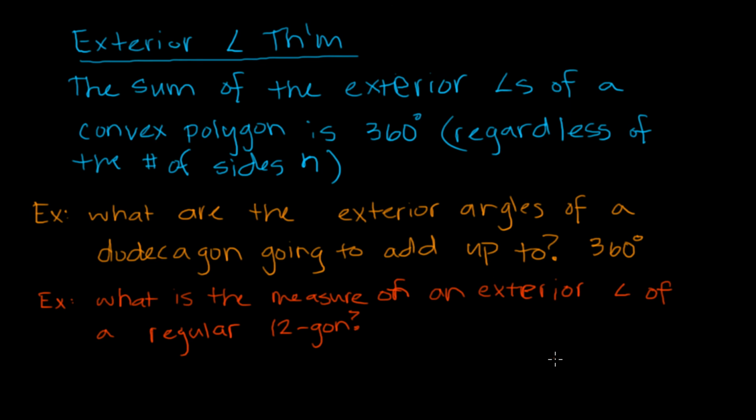That's a better question. Now, what we need to remember here is that we're talking about a regular polygon. That means all the angles are the same, which also means that all the interior angles are congruent to each other, and then all the exterior angles are congruent to each other.